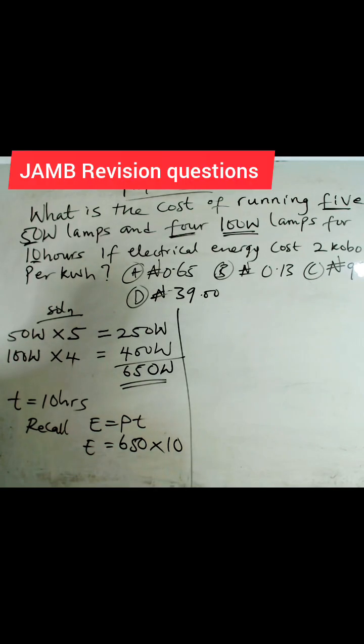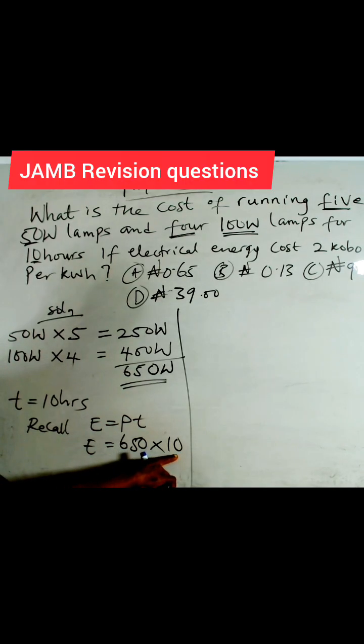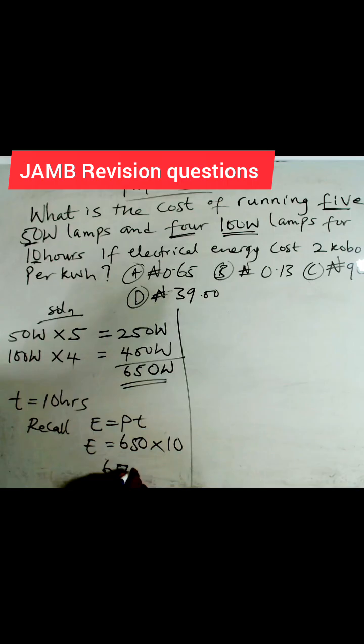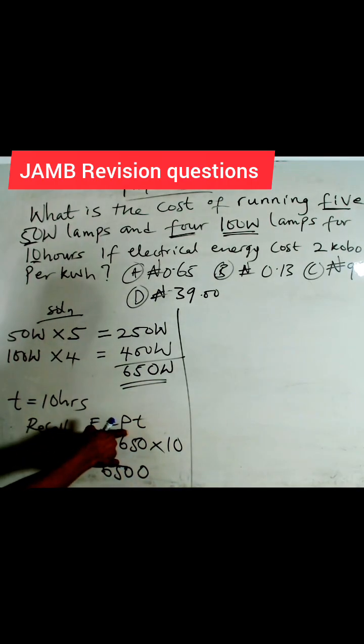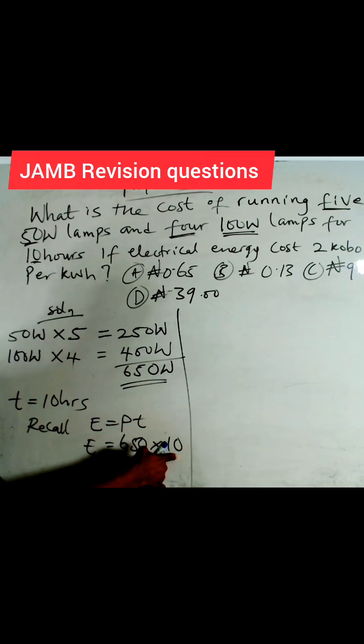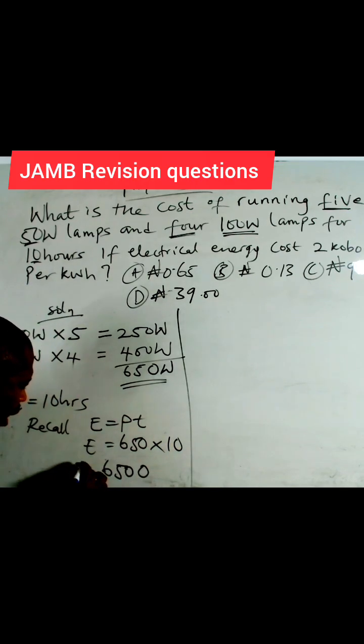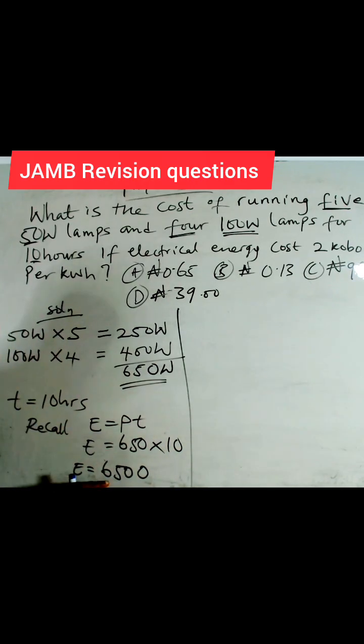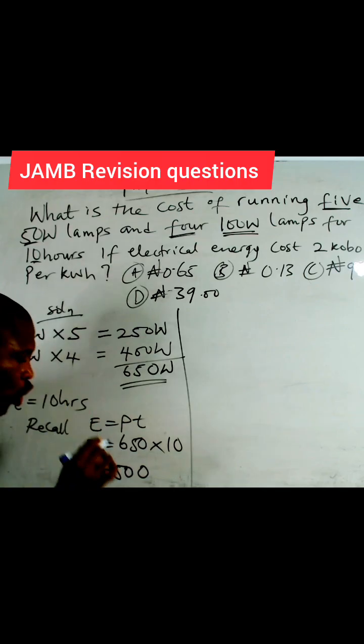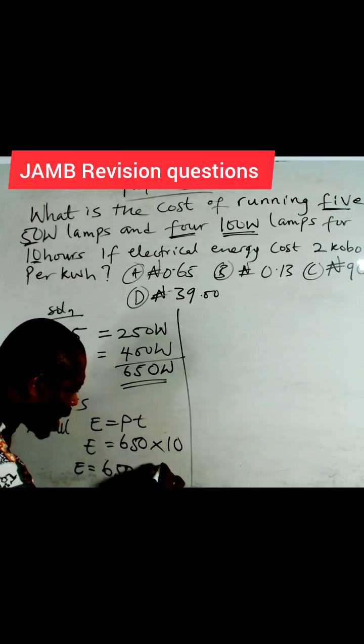Of course, this is a multiple of 10. All you need to do is 650 times 1 gives 650. Now add this 0 here. Remember, this one is in watts, this one is in hours. So the energy there will now give us 6,500 watt hours.